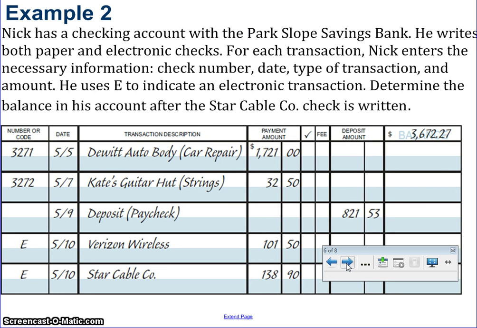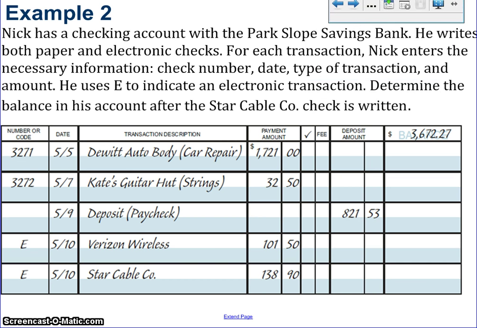All right, for the second example, it says here that Nick has a checking account with the Park Slope Savings Bank. He writes both paper and electronic checks. So what that means is he writes physical checks that he hands to people or mails to people, but he also can do things electronically where it's pulled out of his account and he doesn't have to write a check.